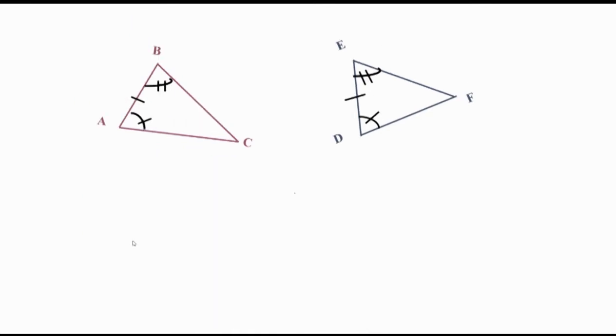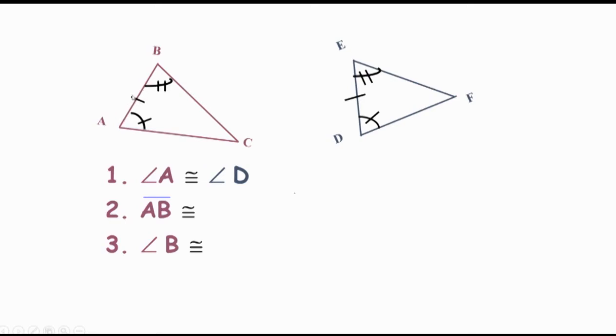Now take a look at this one. We have two angles specified that they are congruent to the other angles in the other triangle, and we have one side. So let's go. Angle A, here it is, it has one slash. Which angle is congruent to angle A in the other triangle? Of course, angle D. And take a look, we have a side right between two angles.